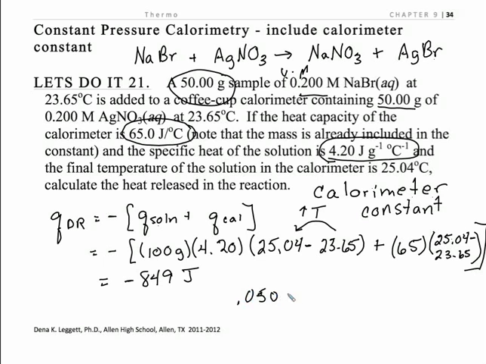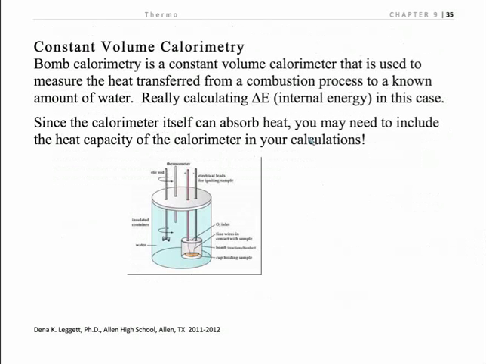All we would have to do is take that 50 grams, liters times 0.200 moles per liter. That would give us moles, and if we divided those joules by those moles, then we would get the molar value on a per mole basis rather than just for the reaction as it was.